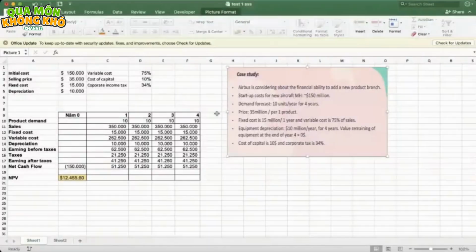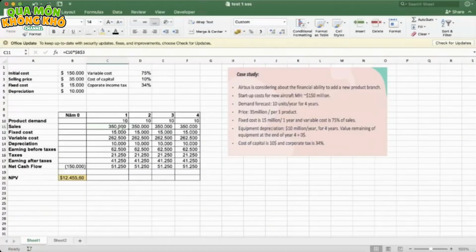You can see that the product demand is 10 units for 4 years, and we can get the sales from the product demand, which is about $350 million, because the selling price for each product is 35 million, and the fixed cost is about 15 million.